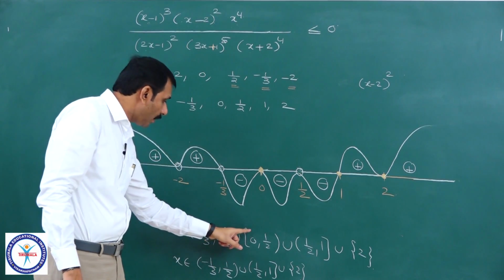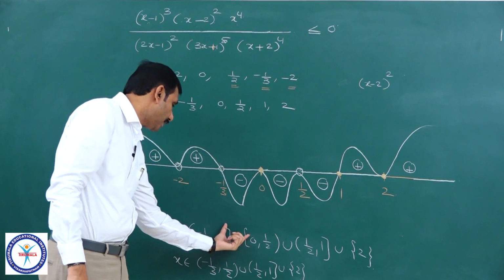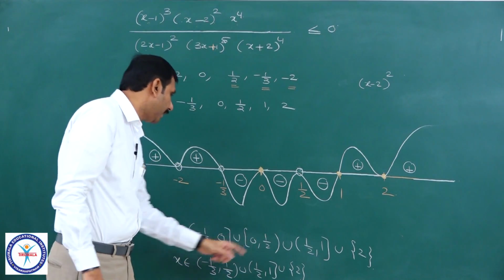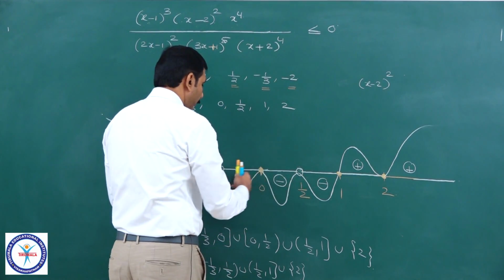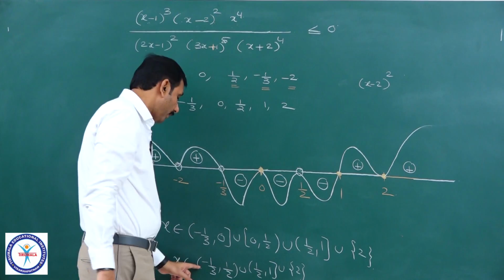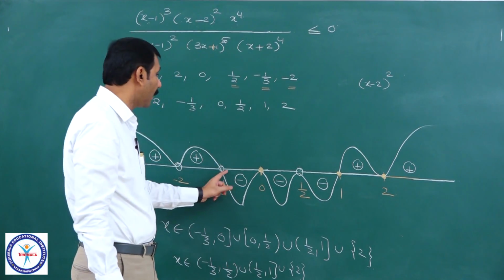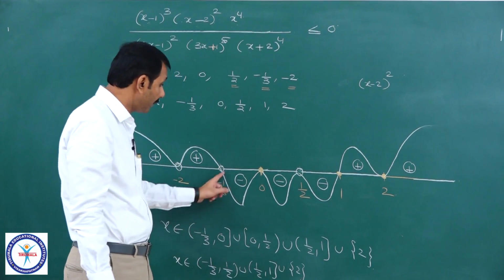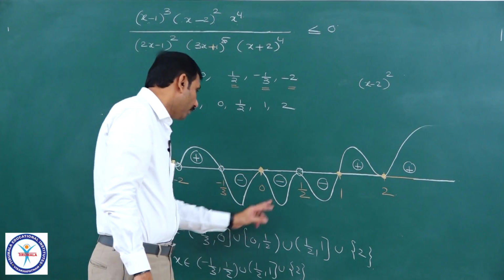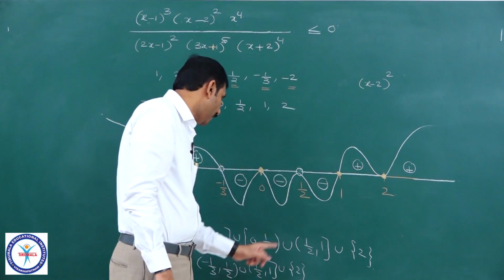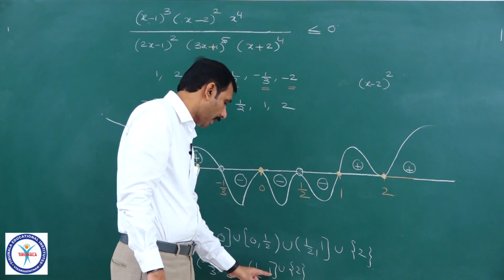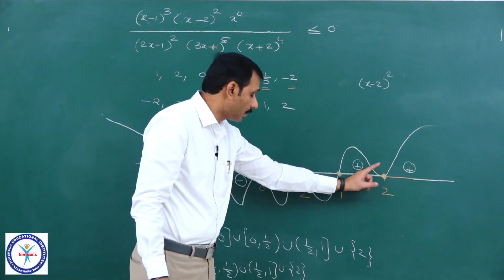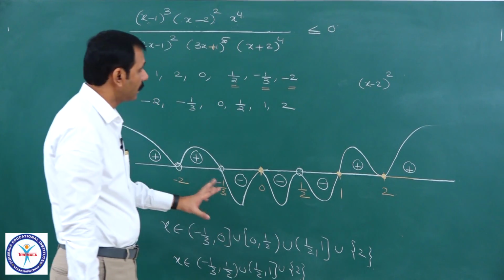Because here closed 0 and the next starts with 0 only, these two I can club: minus 1 by 3 to 1 by 2, all these are the solutions. But of course, these two ends are open only because both are zeros of the denominator, points of discontinuity. And 1 by 2 to 1, this 1 by 2 is not included, comma 1, union, this 2 should be included, that is the solution set.